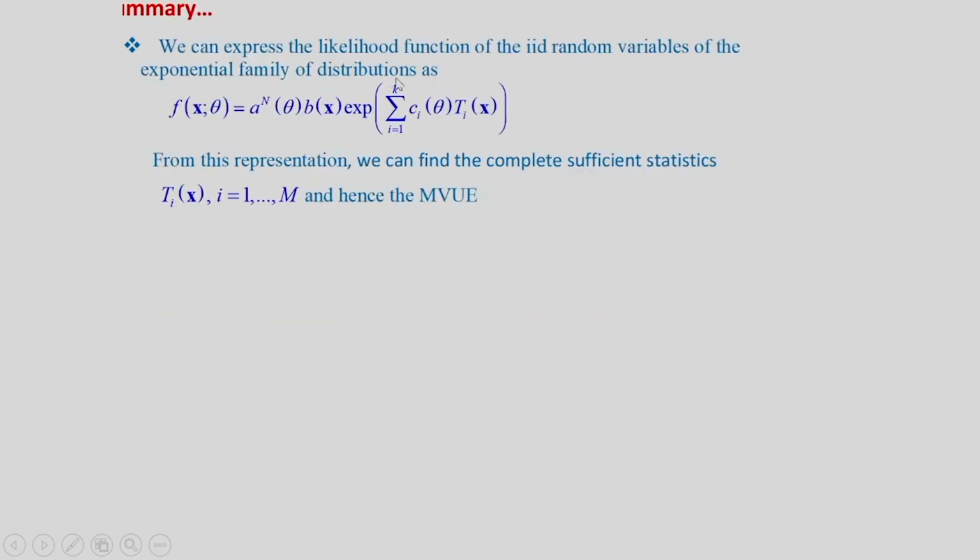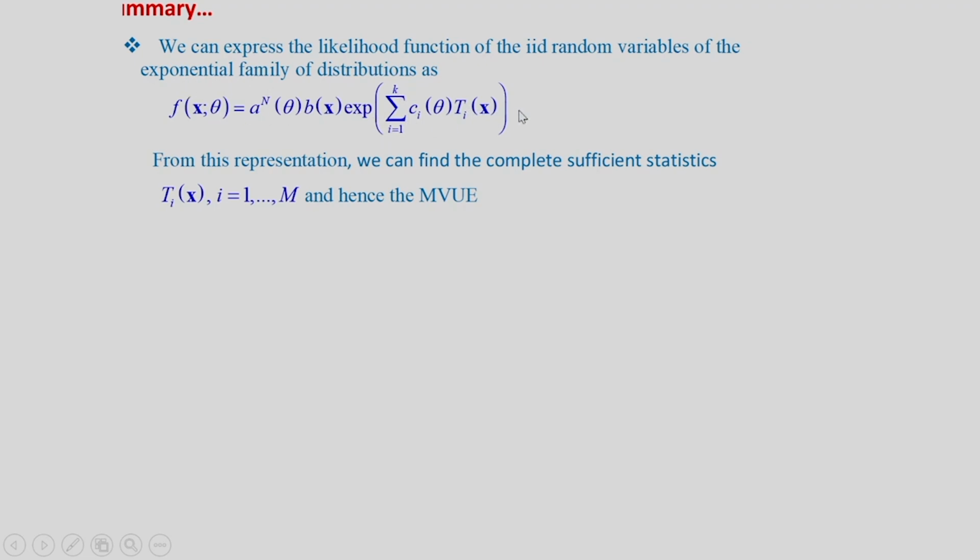We can express the likelihood function of the IID random variables of the exponential family of distribution in this form, that is f of x vector theta as a function of theta. This is the likelihood function or joint PDF. This can be written as a to the power n theta into b of x vector, exponential summation ci theta ti x, i going from 1 to k.